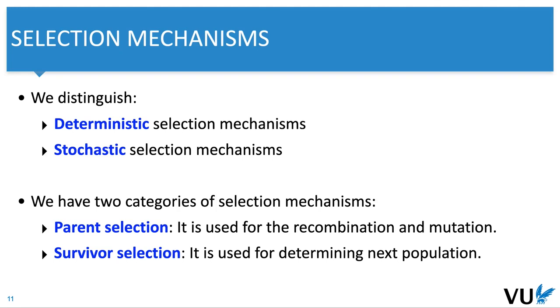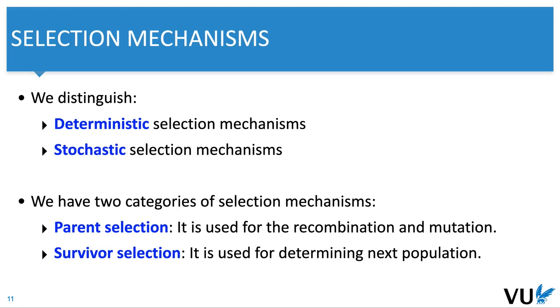And in stochastic selection, there is a randomness involved. For instance, in the Metropolis Hastings algorithm, we can get a better point, but still we look at how much better it is, and we will randomly select it. If it's much better, then there is higher probability that it will be selected.